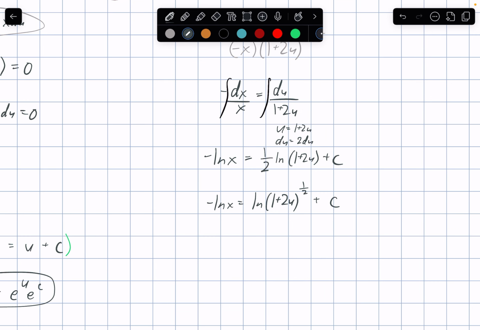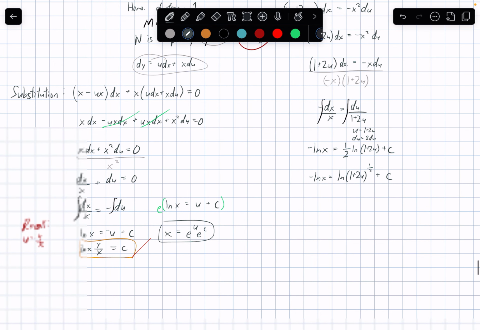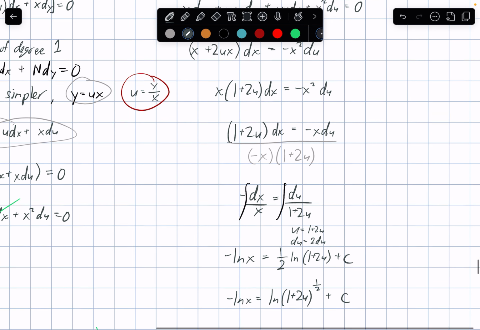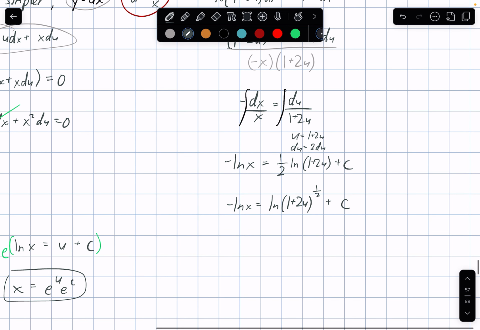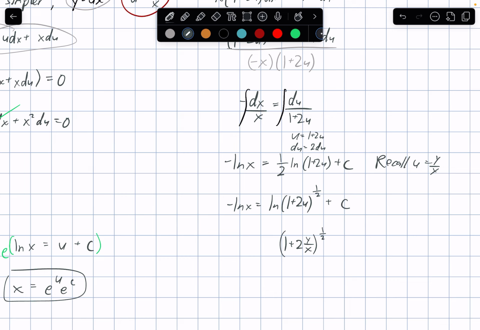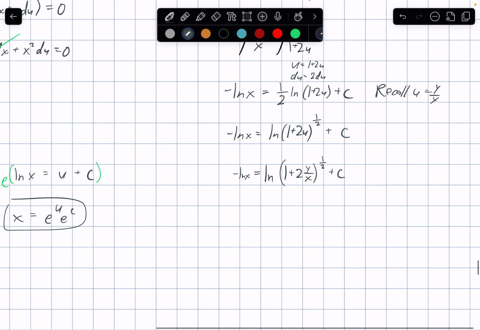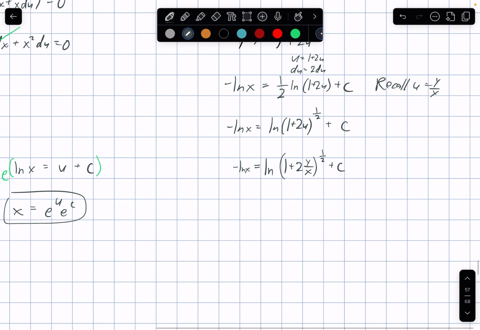And then I think at this point it's okay. But wait, u is equal to y over x, right? So 2y over x raised to 1 half. I think this is good already.